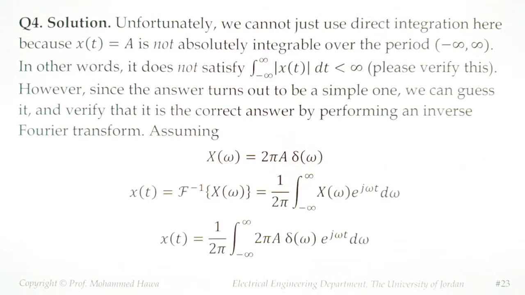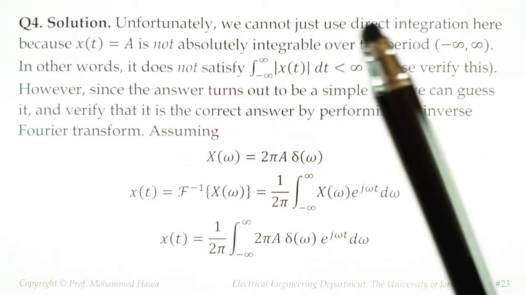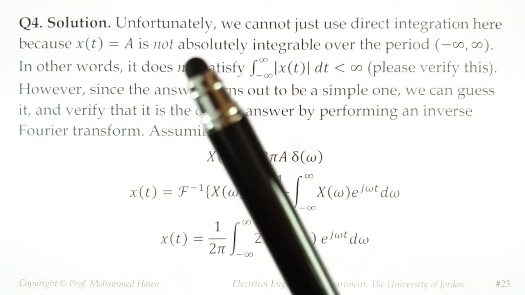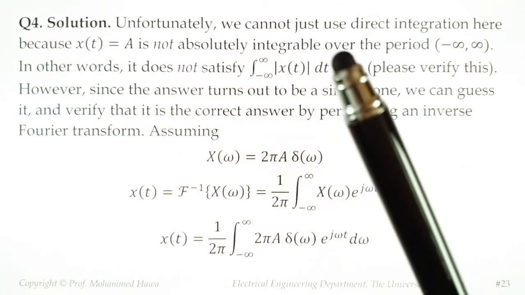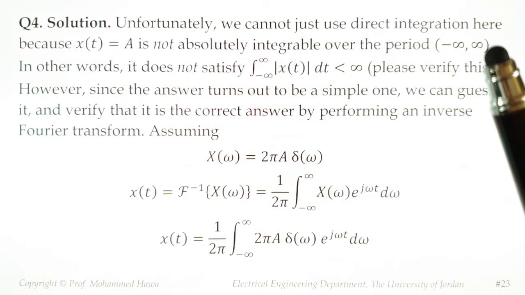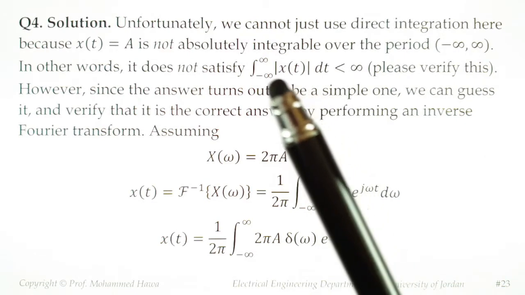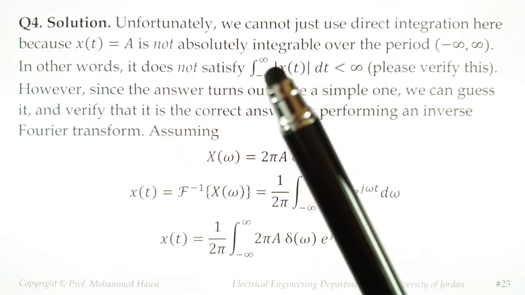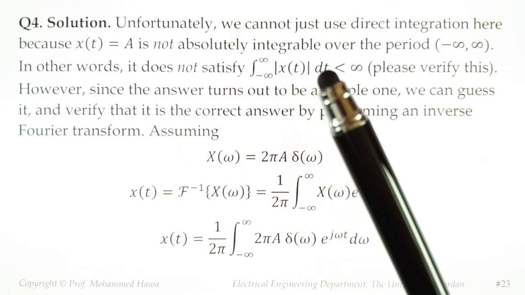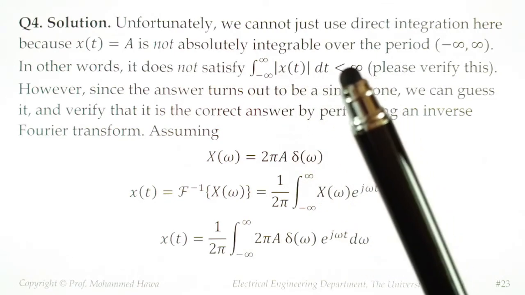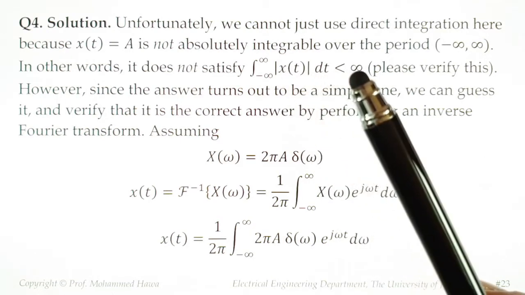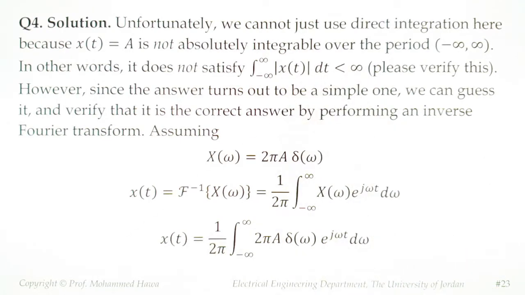Unfortunately, this is not as simple as the previous example, because we cannot just use direct integration here, because x of t equal a is not absolutely integrable over the period minus infinity to infinity, meaning it does not satisfy this condition, which says I need the integral from minus infinity to infinity of the absolute value of x of t dt to be smaller than infinity. Please substitute a here and verify that this integral gives you infinity, so the condition is not satisfied.